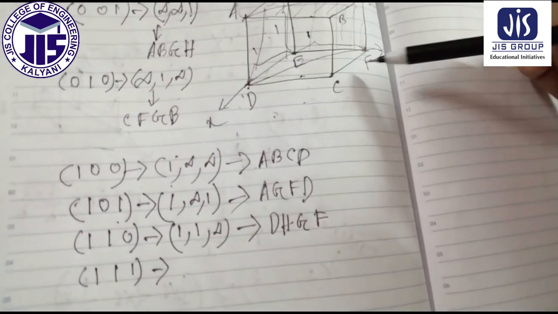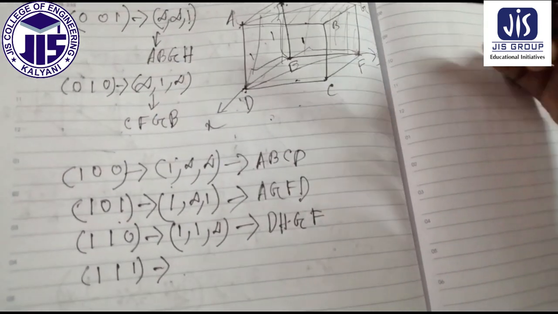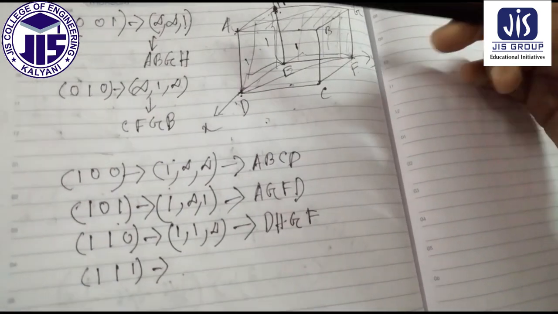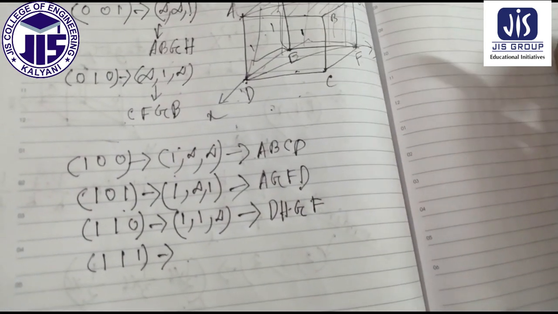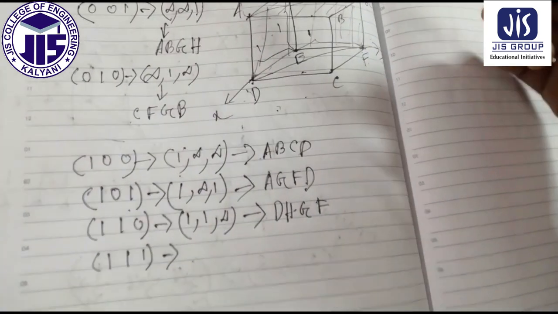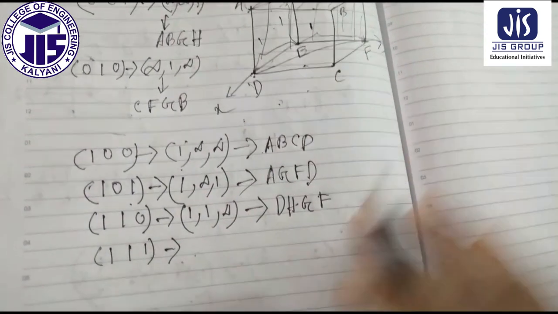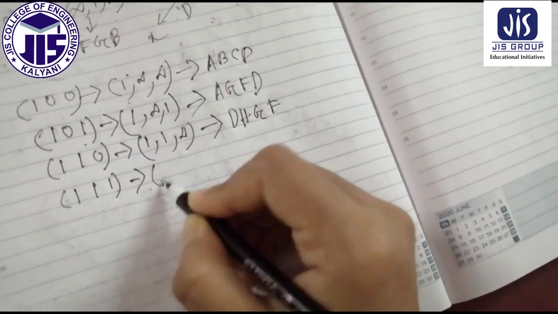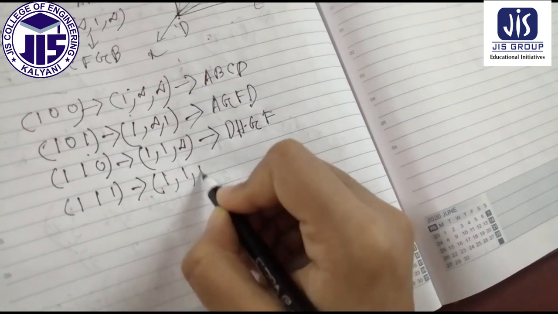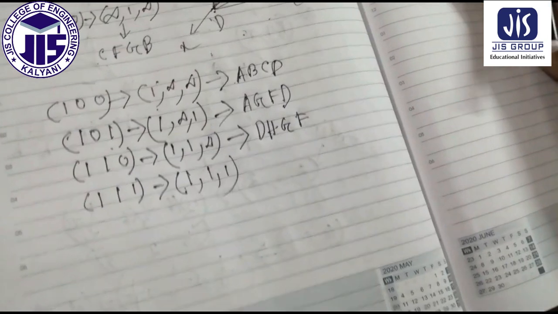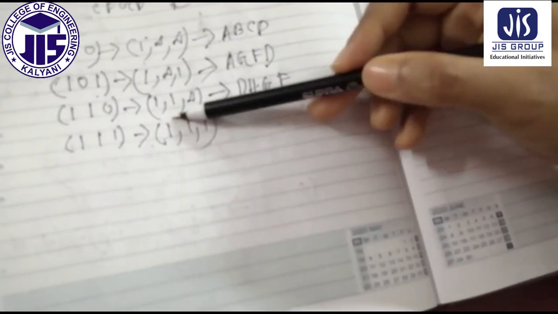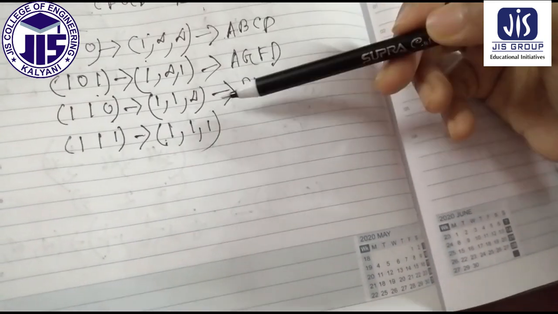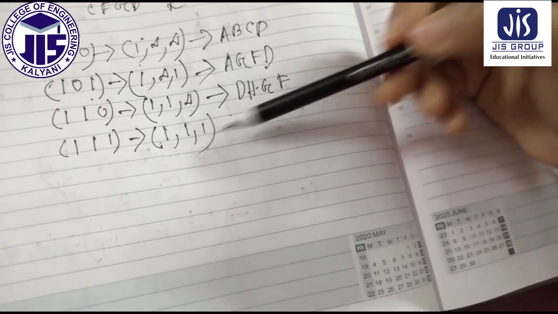So if this is 1, this is 1, this is 1, and if we join them, we get a triangle, that is D, F, H. Here the corresponding coordinate will obviously be 1, 1, 1, because if we take the reciprocal, we get 1 by 1, 1, 1 by 1, 1, and 1 by 1, 1. So 1, 1, 1.